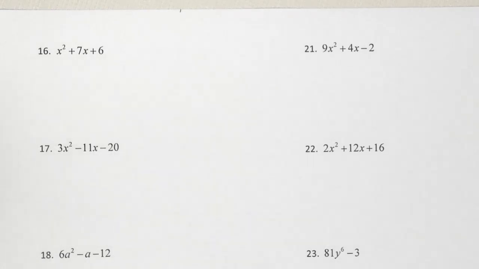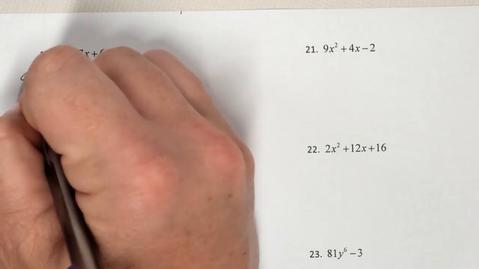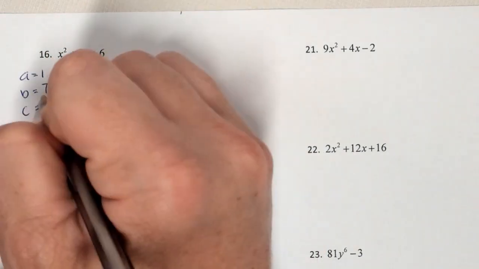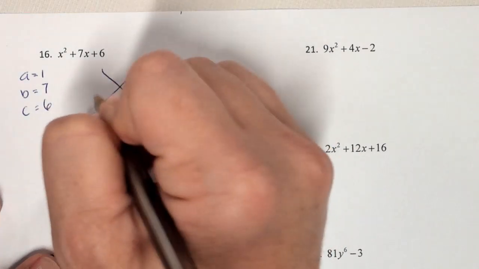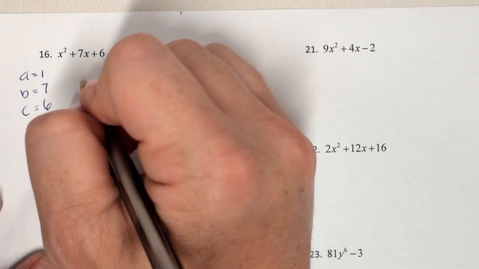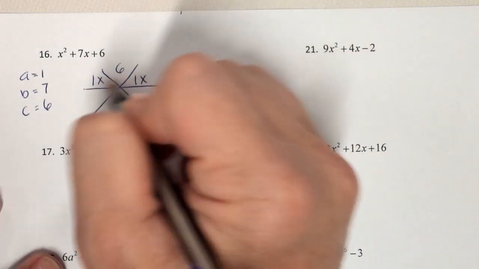Okay, so look at number 16. There is no GCF for the whole thing, so we go ahead. A is 1, B is 7, C is 6. A times C is 6, B is 7. A is 1, and my letter is x, so 1x, 1x. Do not put squares there.